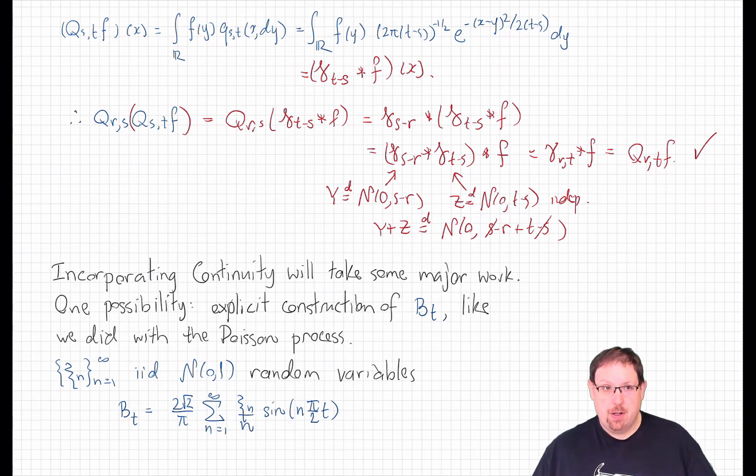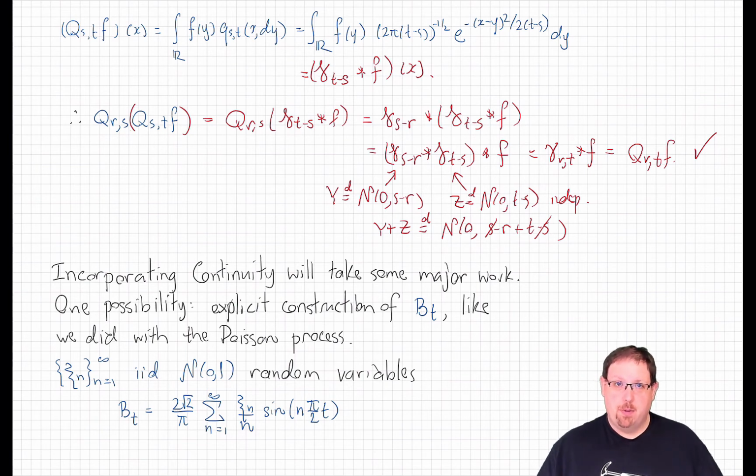The tools that Wiener developed in order to prove this uniform convergence and continuity formed the foundation upon which later luminaries, Kolmogorov and Lévy, used to formulate what we're now presenting as the theory of stochastic processes. So we're not going to go through this explicit construction. We will use some tools and tricks that Kolmogorov and others developed later in order to show that the stochastic process we built earlier has a continuous version.